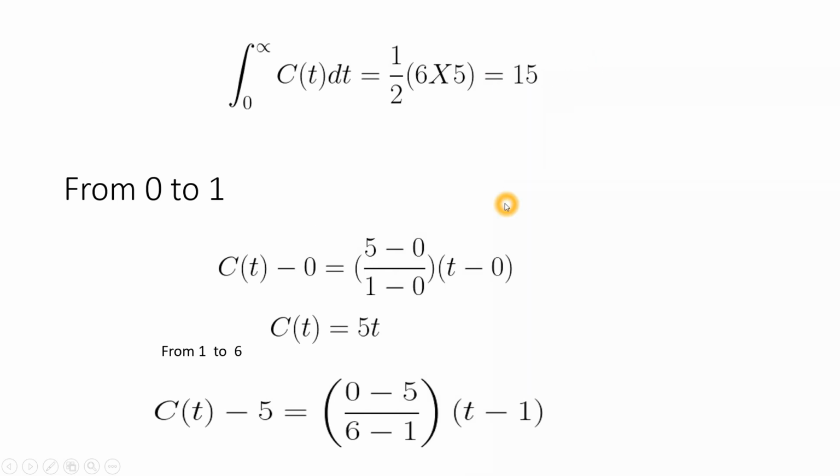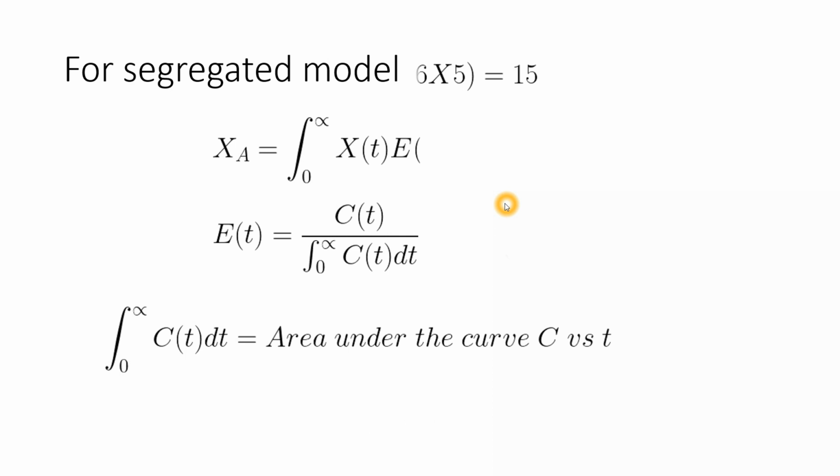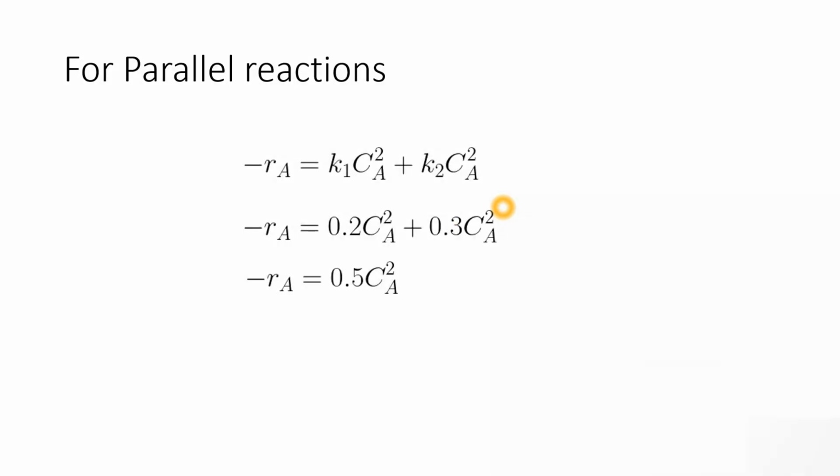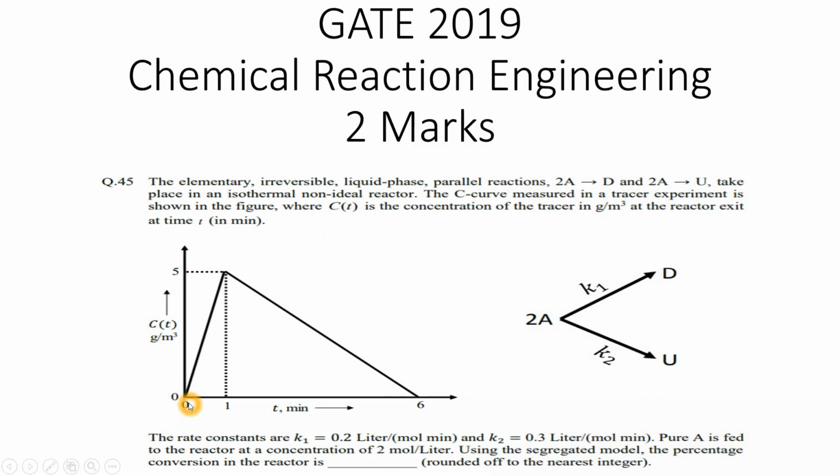From 0 to 1 you can see here, but we don't know the value of Ct. Ct is a concentration, a function of time t. So we will use two limits, from 0 to 1 and 1 to 6, and calculate two functions.